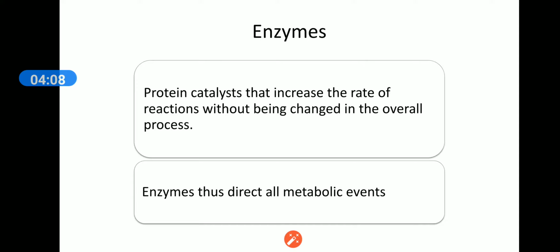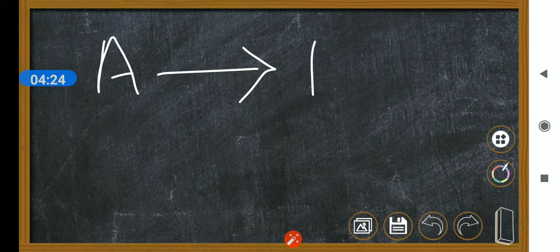Enzymes thus direct all the metabolic events happening in our body. So enzymes can convert a single substrate into a single product, A into B, like isomerases and transferases, we will see in the lecture on classification of enzymes.